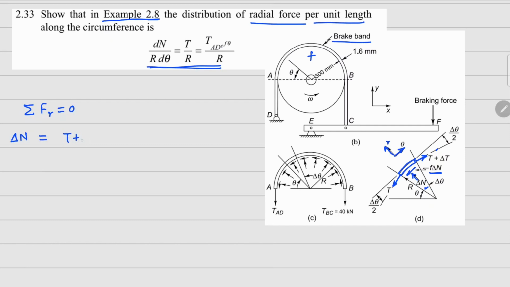So T plus delta T, and the angle here is delta theta by 2, so sine delta theta over 2 plus T times sine delta theta over 2.